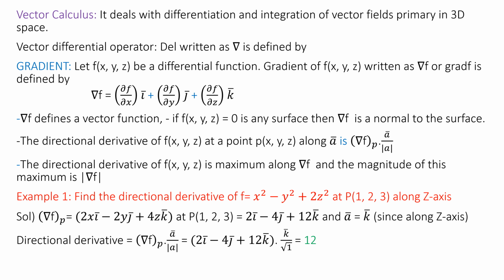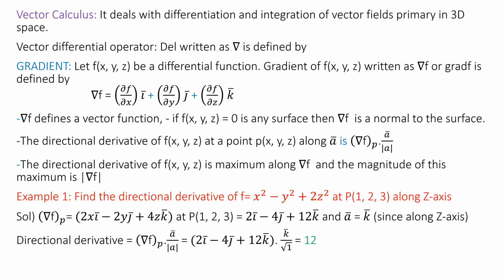Okay, so del f at p is nothing but 2x i bar minus 2y j bar plus 4z k bar at point 1, 2, 3. If you substitute the point in del f, you will get 2 i bar minus 4 j bar plus 12 k bar, and here it is clearly mentioned along z axis.